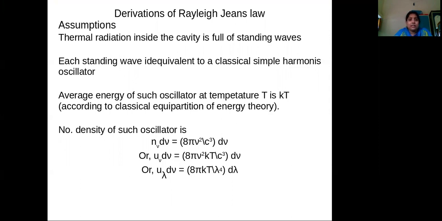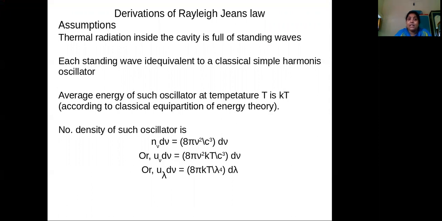First, the assumption of Rayleigh-Jeans law is that thermal radiation inside the cavity is full of standing waves. As you know, two waves which go in opposite directions superpose and give us standing waves. So definitely the cavity should be full of standing waves.